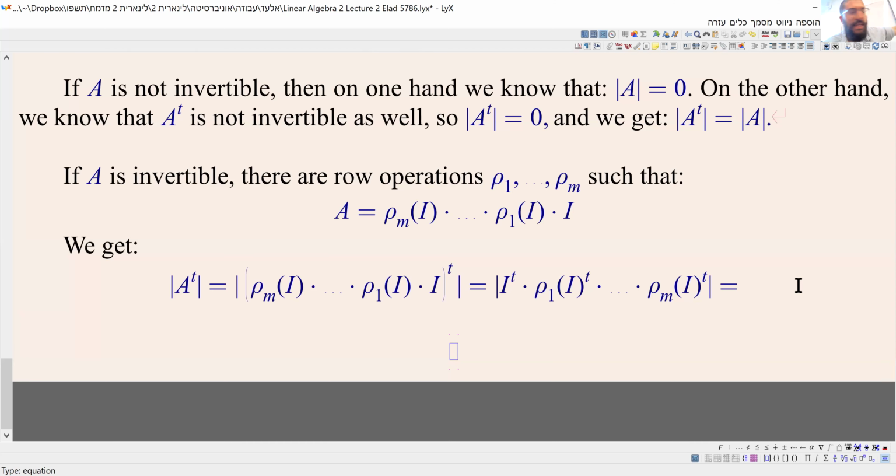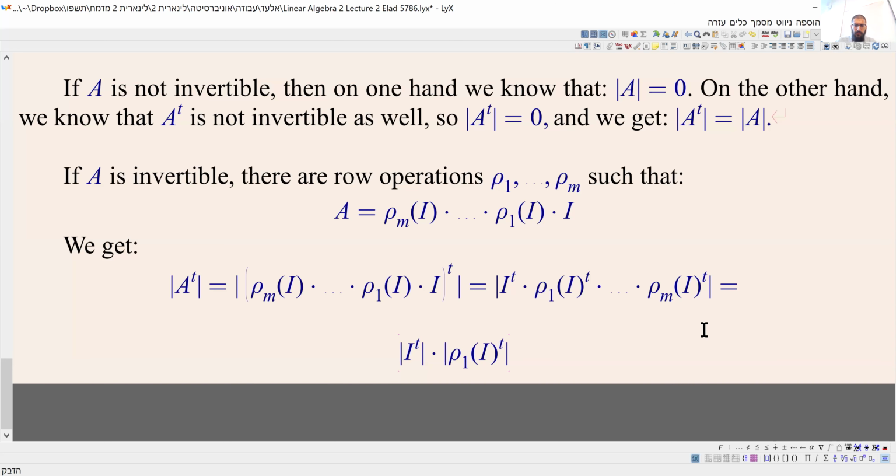a determinant of a multiplication, which we know is equal to the multiplication of the determinants. So we have the determinant of I transpose and the determinant of row 1 transpose, and so on and so on, and the determinant of row M transpose.